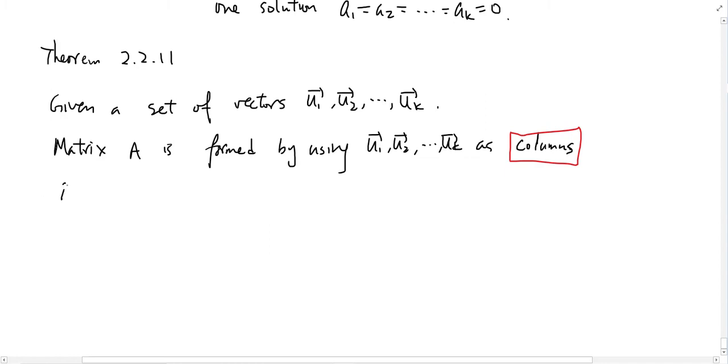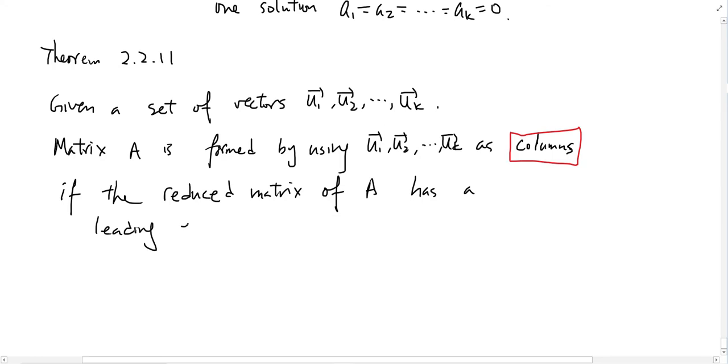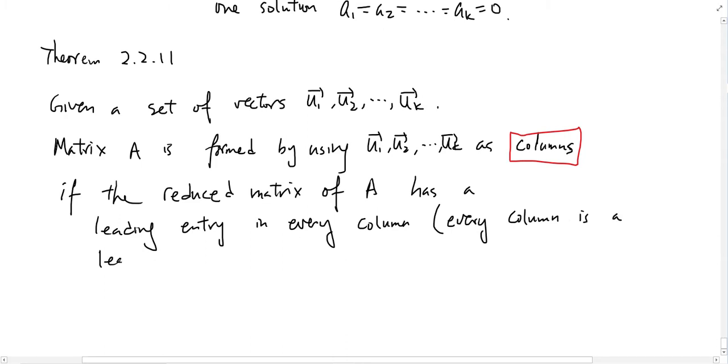If the reduced matrix of A has a leading entry in every column, therefore basically implying that every column is a leading variable.